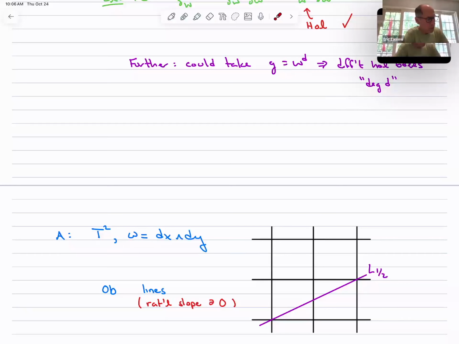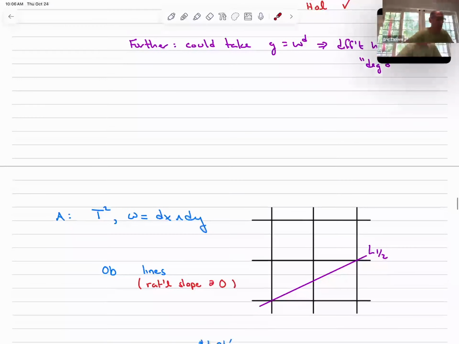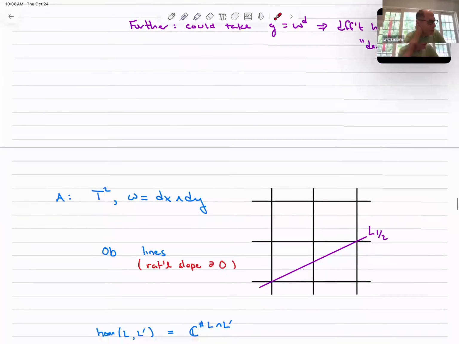And just for simplicity, I'm going to look at the subcategory of objects described by lines passing through the origin. Each one actually comes in a family, and that'll be true on the mirror side as well. So we'll just take a look at these objects, lines passing through the origin with rational slope.